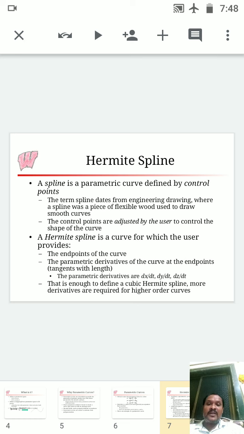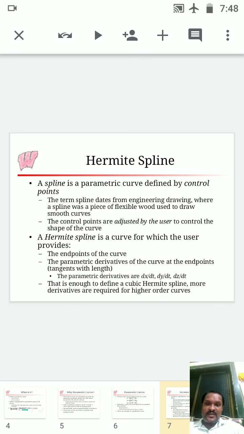The term spline dates from engineering drawing. If you are doing an engineering drawing, it is converted into a draft, then into a CAD model, whereas the spline was a piece of flexible wood used to draw smooth curves.